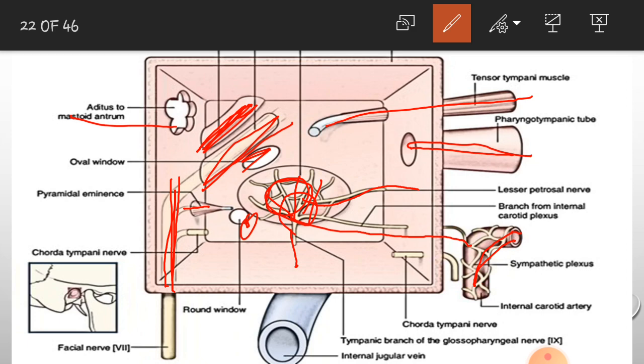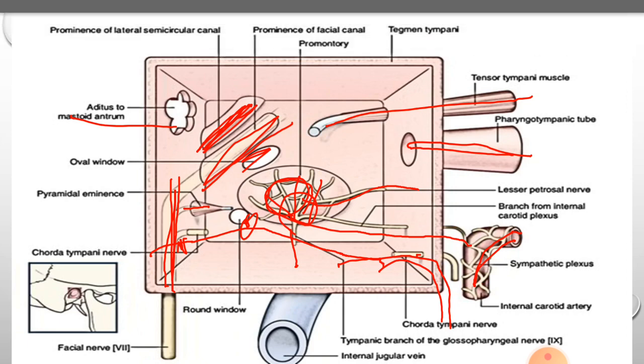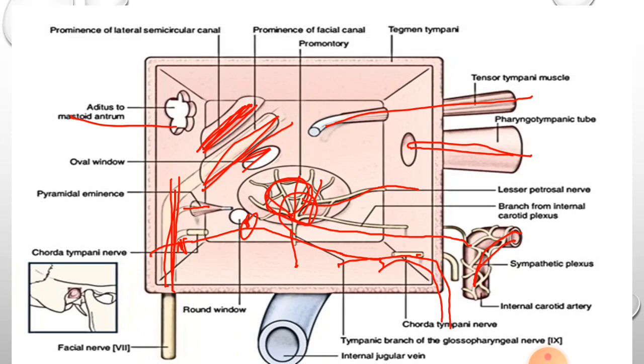We also see a posterior canaliculus through which the chorda tympani nerve enters, and after it crosses the middle ear cavity, it leaves through this anterior canaliculus and comes out through the petrotympanic fissure that I just showed you in the norma basalis.